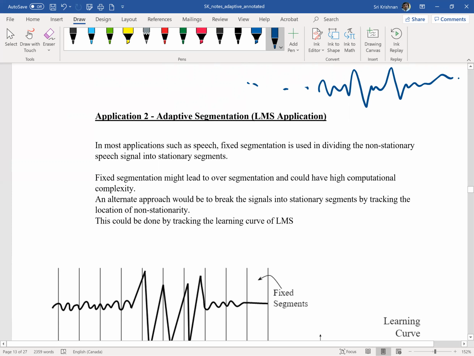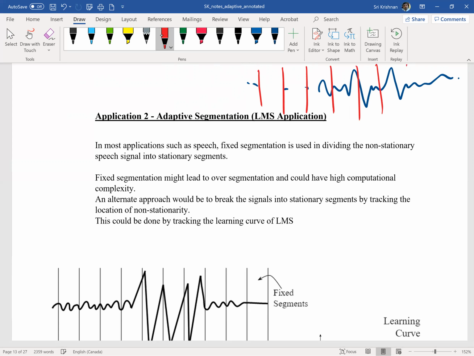So normally what we do is simply segment the signal into fixed windows. For example, we select a 30-second duration, or in some cases a minute, or even 5 minutes, and we truncate the signal into those short chunks and process them.